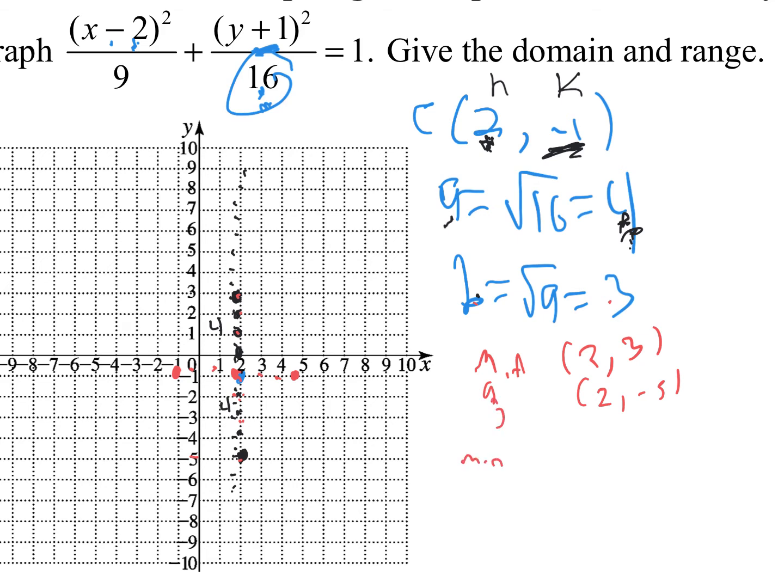And my minor endpoints would be the minor ones. I keep the K, which was a -1, and then I went 3 to the left and 3 to the right. So it's -1 plus 3. That would be -1 plus 3 was a 2. Well, was it?